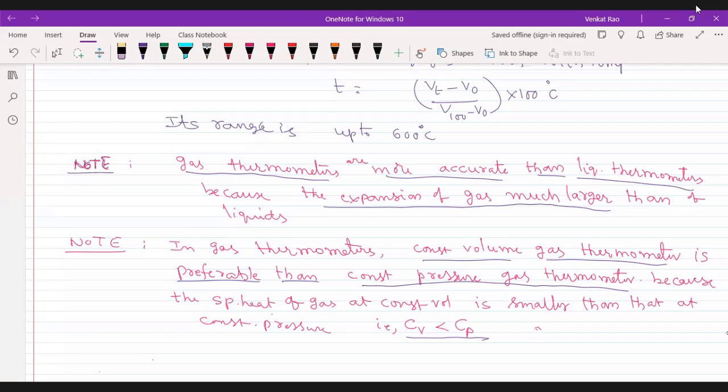Next line. By changing pressure, melting point, boiling point, and sublimation point change, and at a particular pressure, they will coincide.